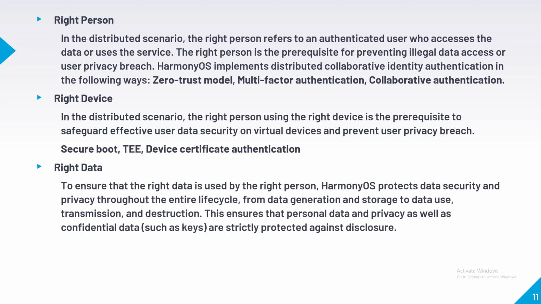And right data. So right data also corresponds to data generation, distribution, access, and data deletion. So when I talk about data generation, in the distributed network, data generation can happen from any of these devices, starting from very small hardware.